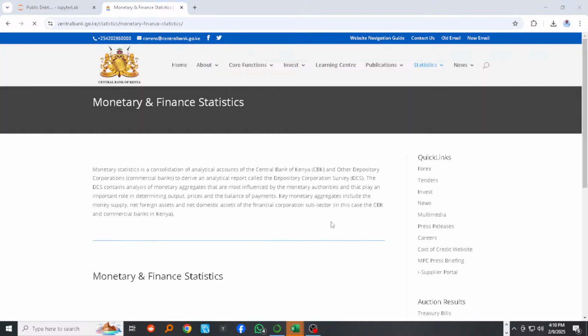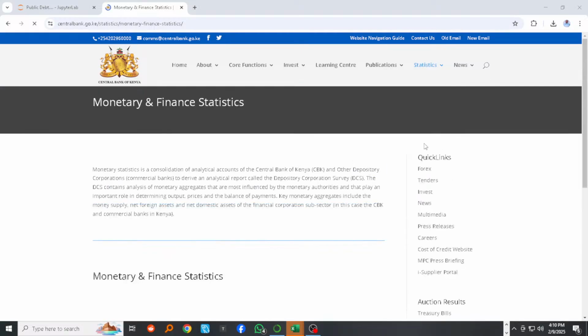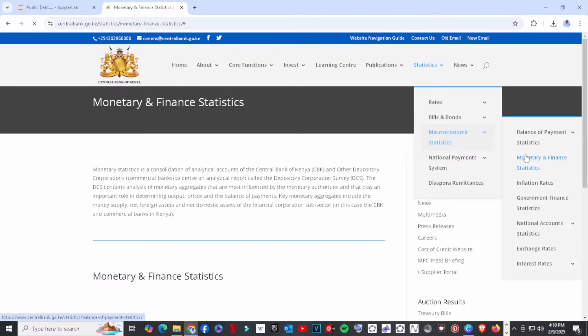Let me just find the category where it is, so that I'm doing fast enough. So here, what do we see? Monetary finance, and it's not done downloading, but I've seen that is not going to give me what I want.